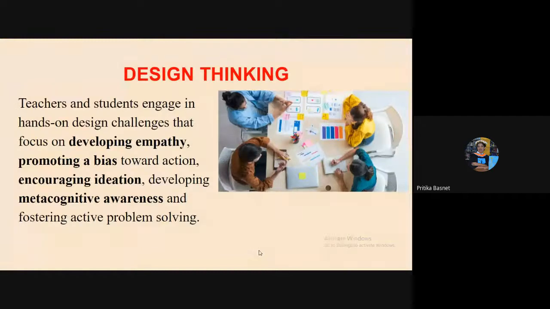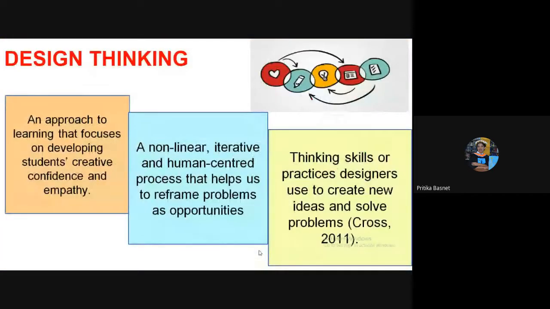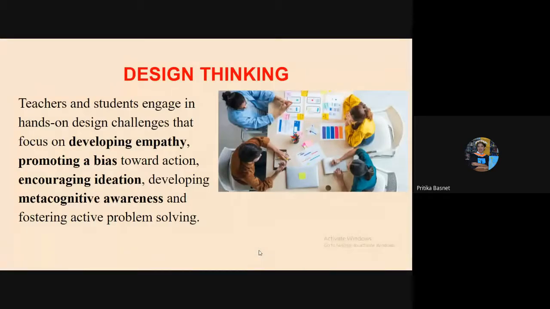It is also an iterative process. Design thinking also includes the thinking skills or practices designers use to create new ideas and solve problems. Here, new ideas will be created with the help of certain steps. We'll discuss the steps after these slides, and we will try to solve the problems.